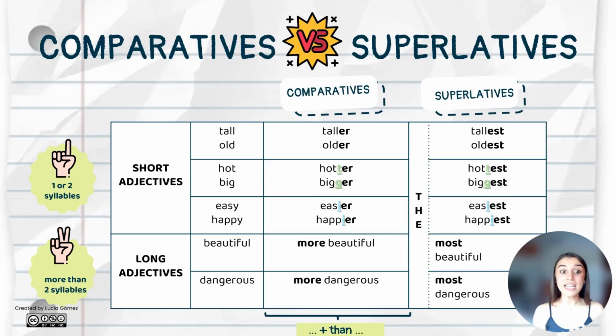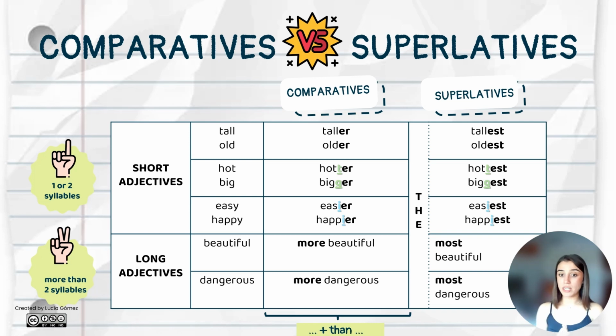So in this summary chart, you can see how comparatives and superlatives are created, how both follow the same rules, okay, for short adjectives and long adjectives. And all in all, the only thing that changes is either the suffix in the short adjectives or the word that is placed at the beginning in the long adjectives.